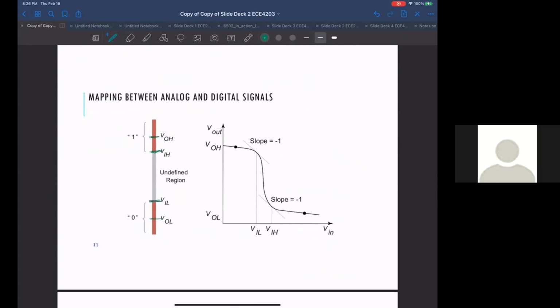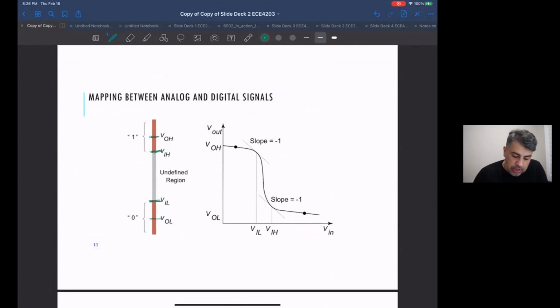I was thinking maybe it's when the slope is the greatest. Basically you want a situation where your slope hits -1. Those are the definitions of V input low, which is a weird description. I have to think about what I'm saying.